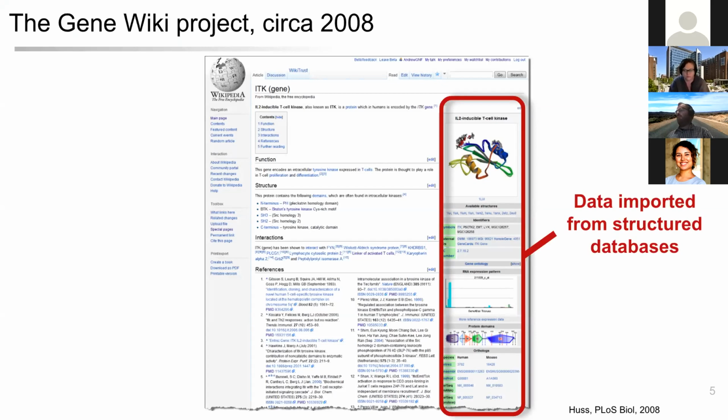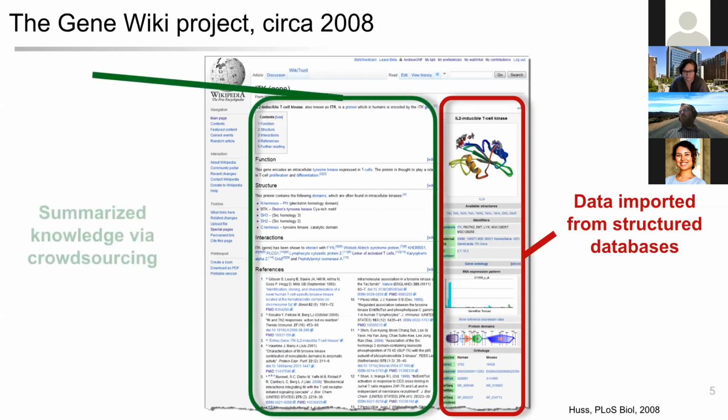The info box is a part of a Wikipedia article that presents and renders structured data that is imported from various databases. In this example, you'll see different identifiers, expression patterns, and that's nicely rendered in the info boxes. And at the same time, add summarized knowledge from the references, etc.